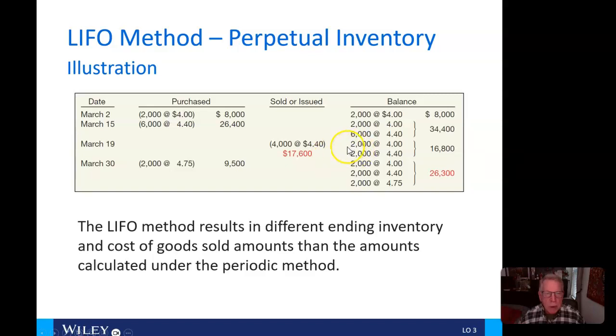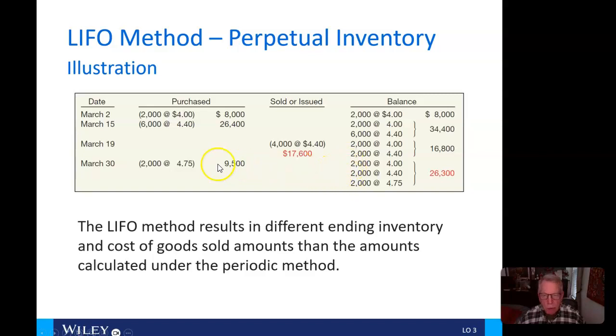We're going to keep 2,000 from this row here, and we're going to keep in inventory 2,000 from this row and 2,000 from that row here as our inventory.